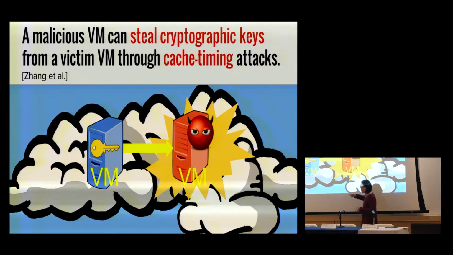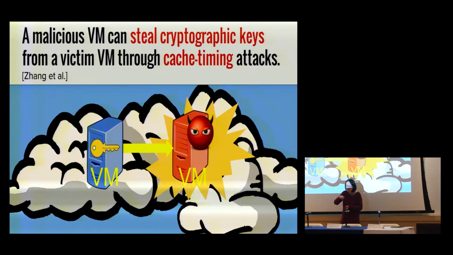And in some sense, actually, virtual machine monitors are supposed to offer even stronger isolation than operating systems. And yet, they fail. So in this case, this attacker VM, which is co-resident on the same physical machine as your website, can learn your encryption keys that you are using to, let's say, encrypt your HTTPS communication.